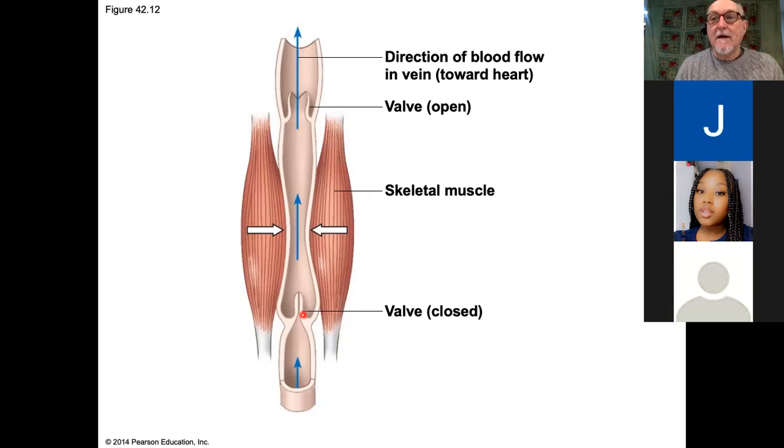The third instance is through involuntary muscle movement, for instance in the gut, as gut peristalsis and all of this sort of thing goes on. That also squeezes the veins continuously and drives blood through them. So flow through the veins is under very low pressure, and it's also just a passive flow towards the heart.